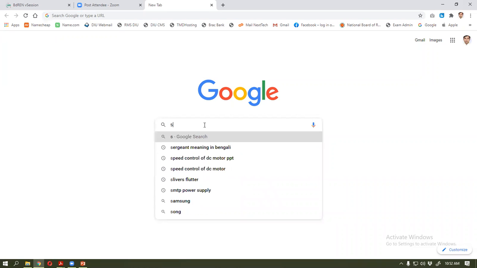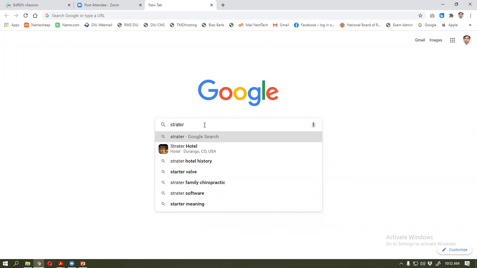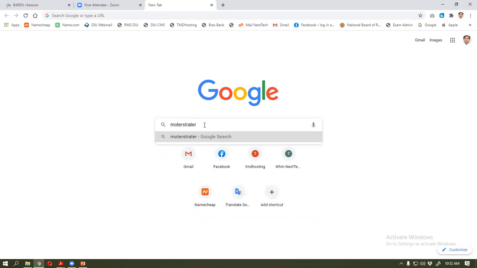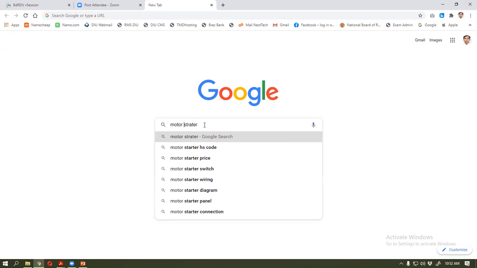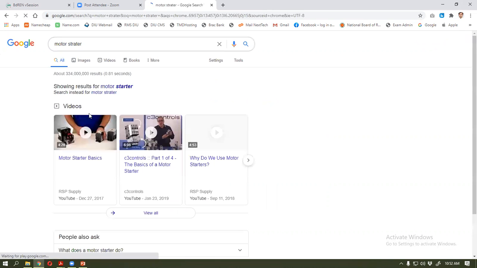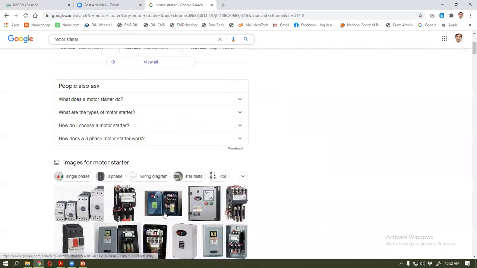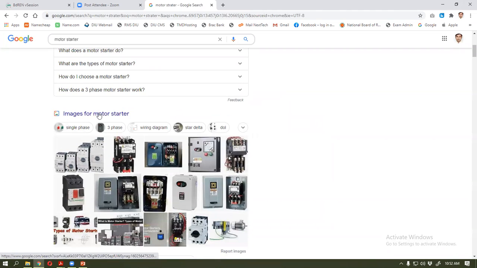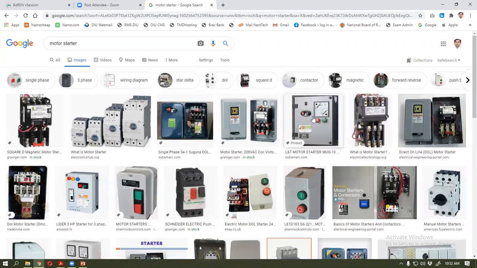This is the motor starter. Why do you need a starter?